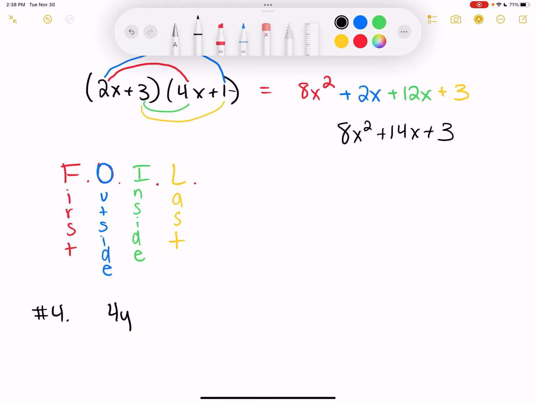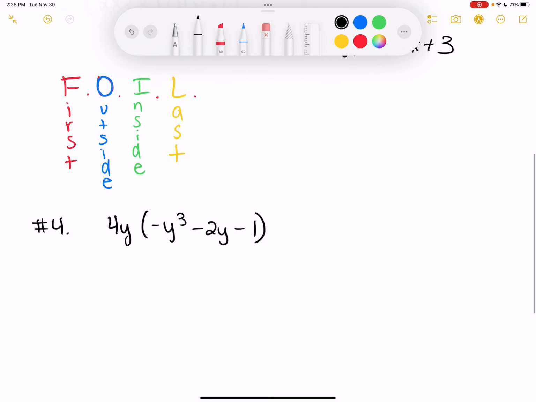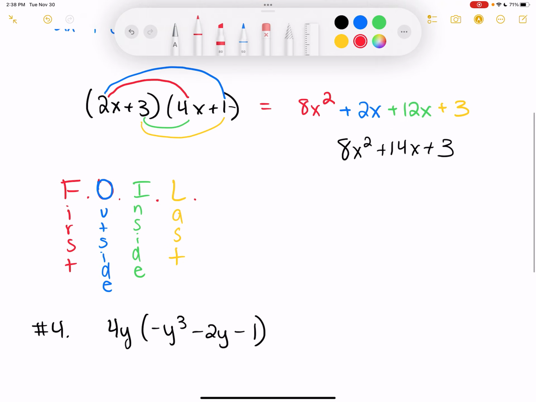So we've got 4y times negative y cubed minus 2y minus 1. Well, hold on, go up a little bit. Okay, so with one like this, essentially you're going to super distribute, if you want to think about it that way.